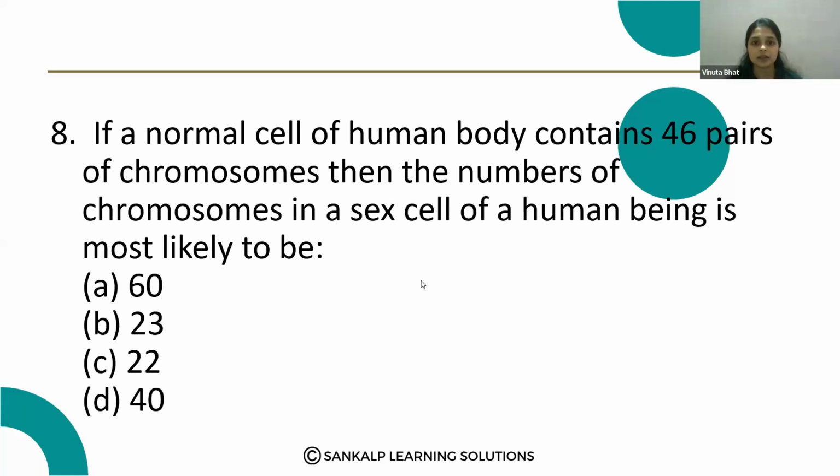The number of chromosomes in the sex cell of the human being is, that is 23. So it should be a gamete, okay, not a sex cell, gamete. In the gamete of the human being, that is 23.